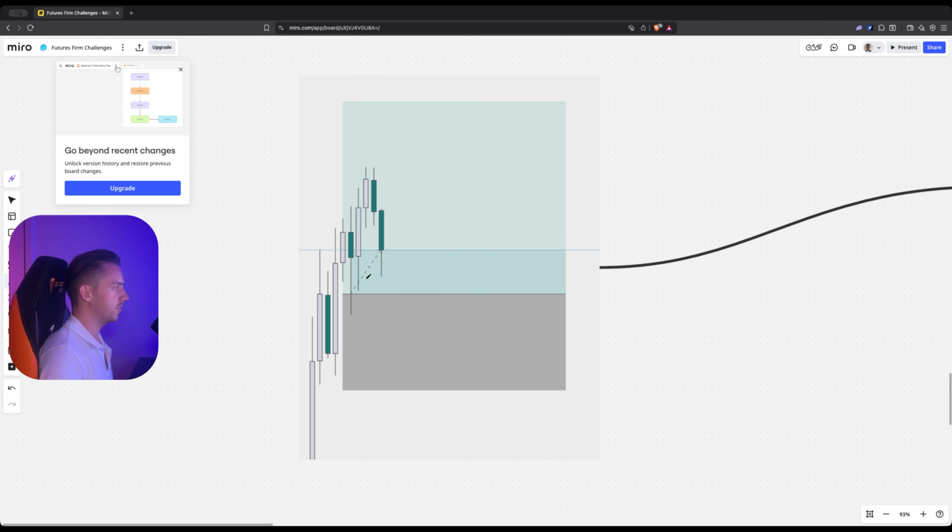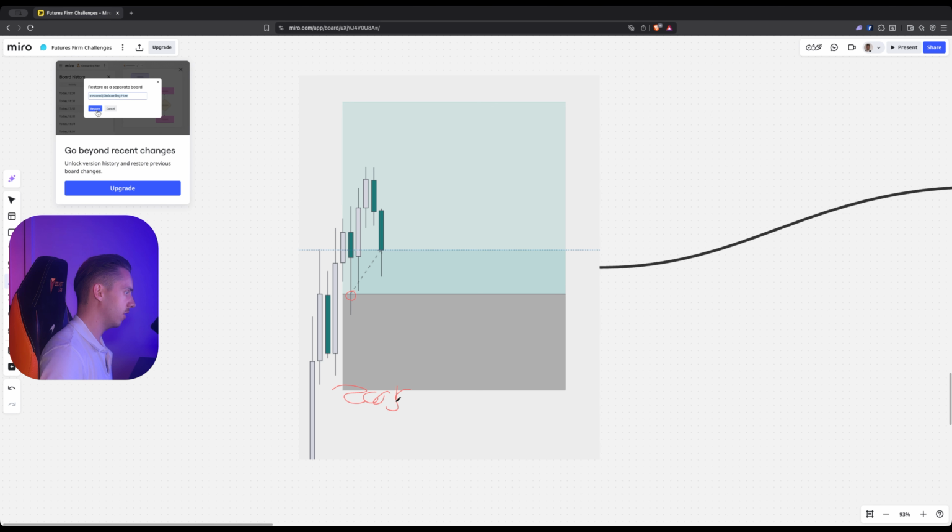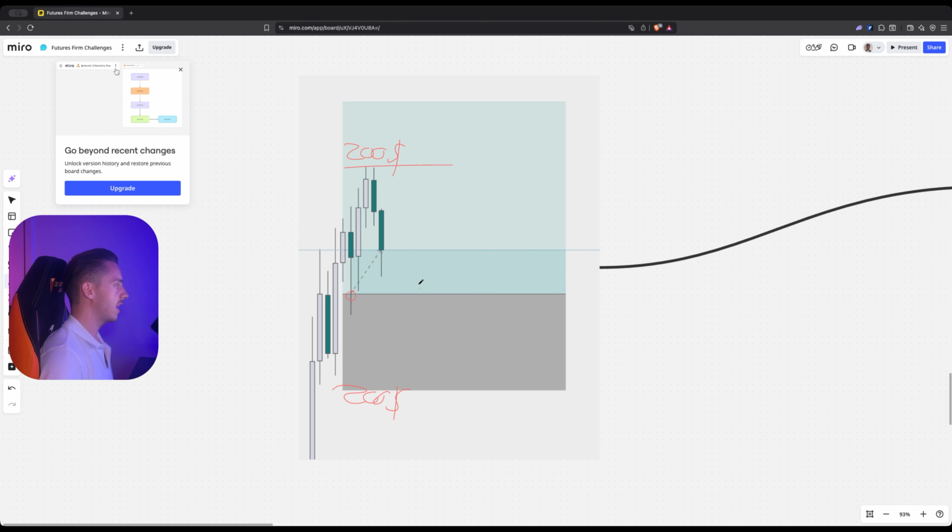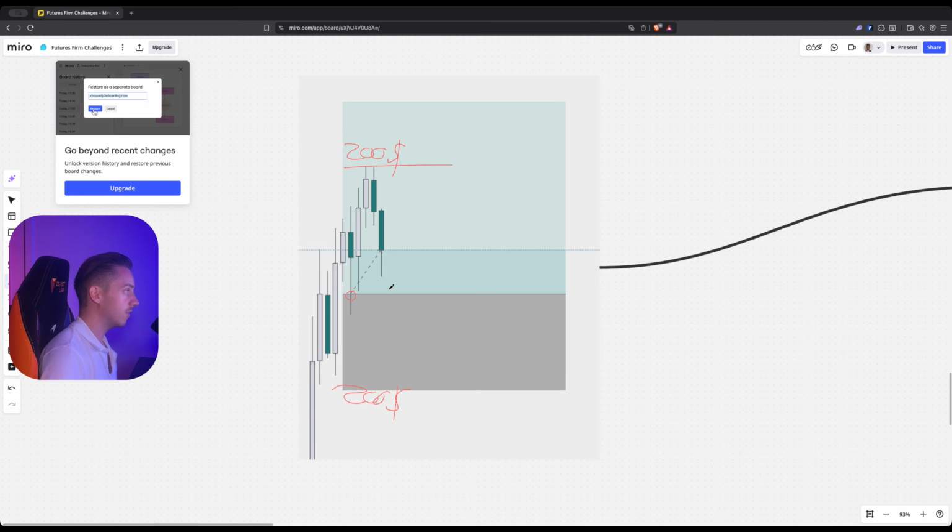Let's say you were in this trade. Your entry is right here. Your stop is $200 and your max running equity was $200. You decide that it's a good idea to move your stop to break even so that you don't take a loss.